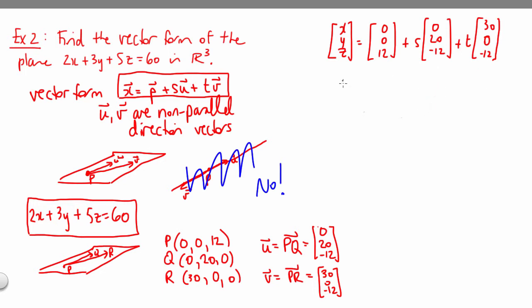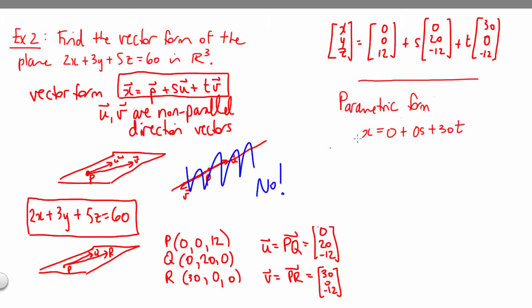Now I wanted to briefly mention the parametric form for a plane in R3 because it is related to the vector form. Although it wasn't asked for in the question, let's just have some final comments about parametric form here. If we were to look at the individual components of these vectors and set up one equation for each component, for example, write something like x = 0 + 0 times s + 30 times t.